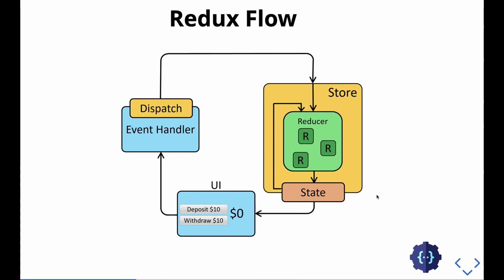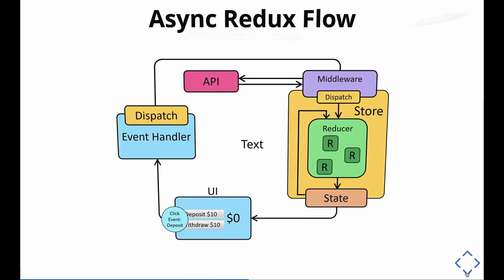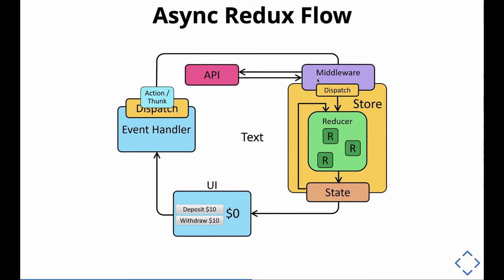How would it look in terms of having middleware? Well, this is how it's going to look, and as I said, we are going to be using Thunk. Again, this is straight from the documentation. UI, to-do app in our case. The user fills out the form, hits the enter key on the keyboard, and we listen for that event and we dispatch, but this time we are going to be dispatching a Thunk action. So that's the middleware.